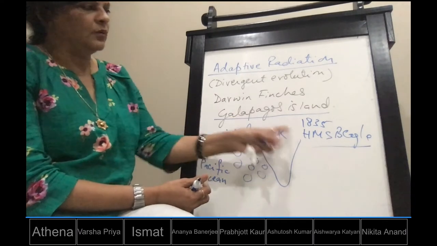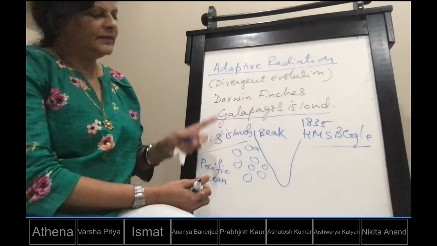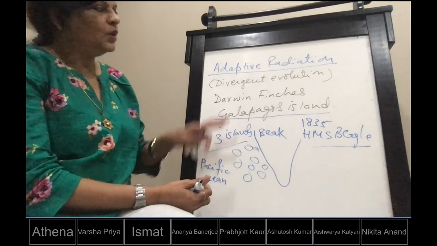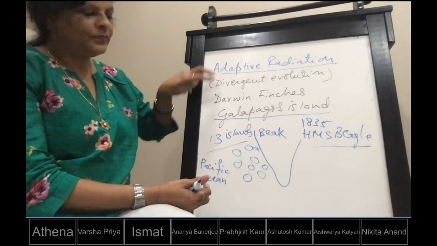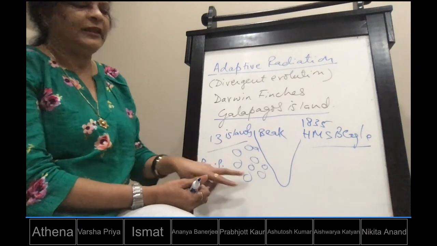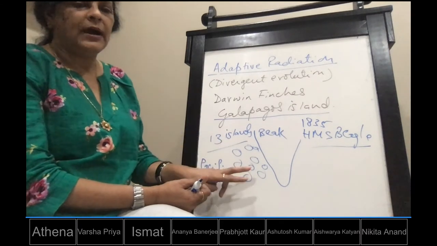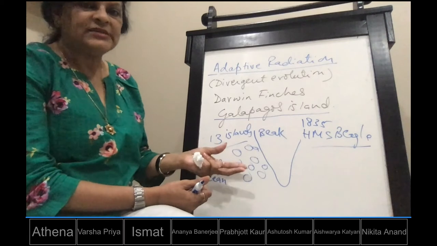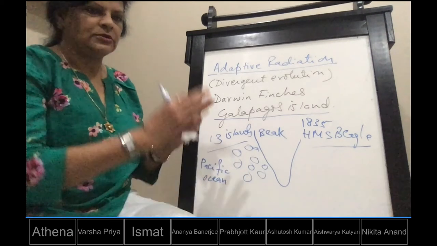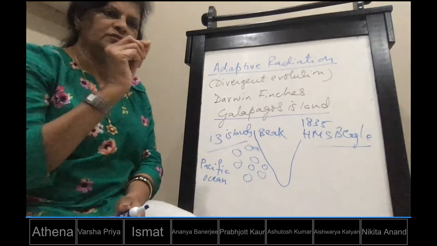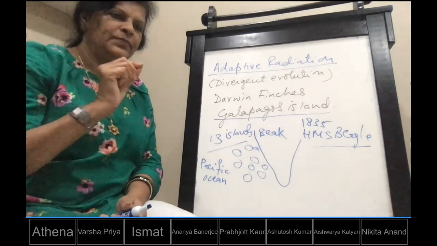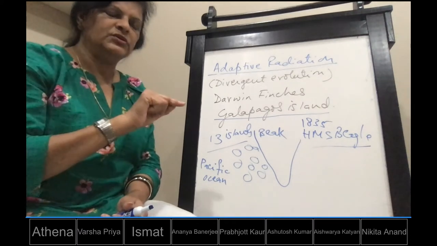So Charles Darwin found that the beak of the bird was adapted to the food available in the islands. In some, insects were available. Big rocks and lava logs have small holes in them, so the insects used to live inside these holes.